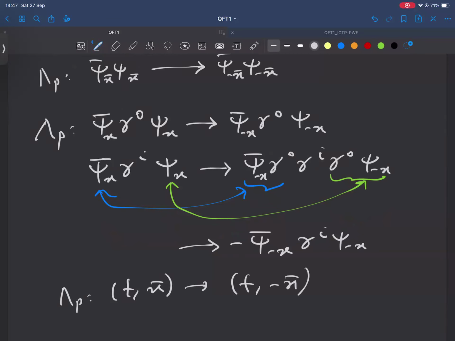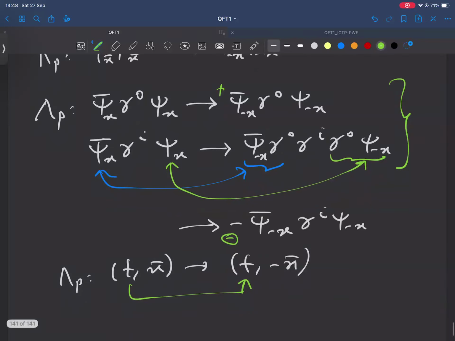The time remained invariant, but the space flipped sign. Similarly, for this vector, the time component comes with a plus sign, but the space component comes with a minus sign. So you see again this pair is actually a vector. Just as coordinate vectors transform under parity, it also transforms in the same way.